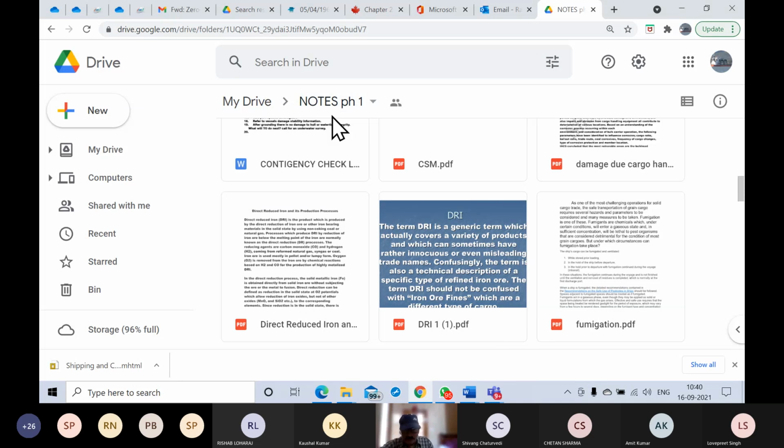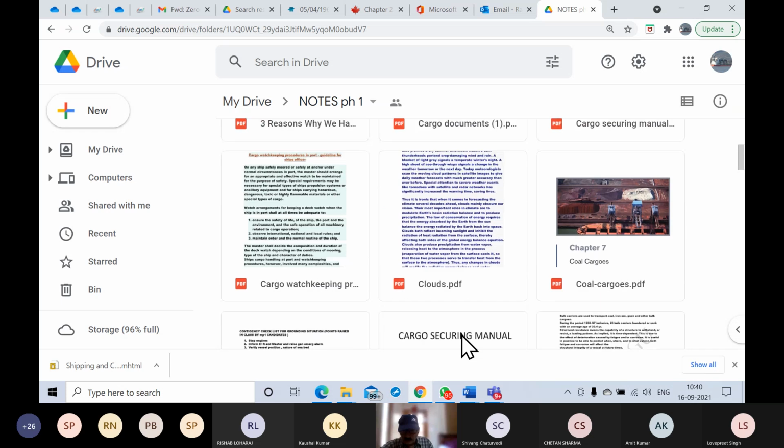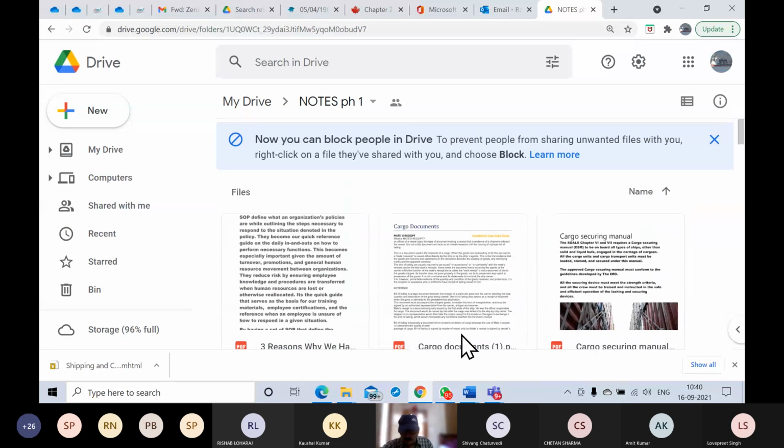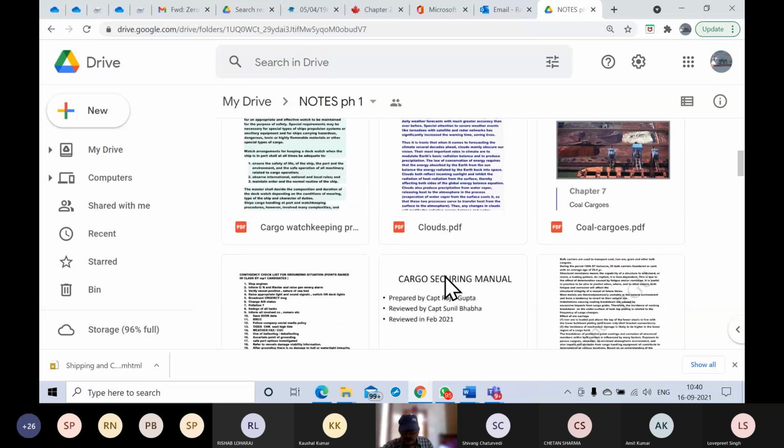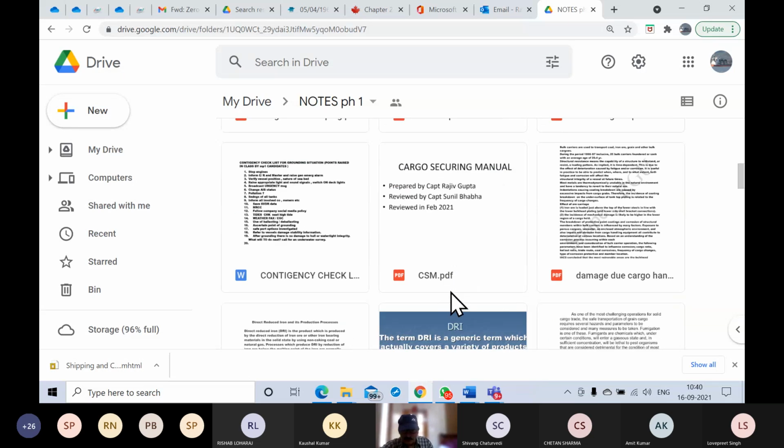But as we see, this is the link, nodes phase 1, and I am putting everything in it, as we have discussed and agreed upon. Fumigation is already there, right? And somebody had said for Lodicator, I just want to insist that it has also gone. Maybe he was telling me on WhatsApp or something, so that person can also check, Lodicator is also there.